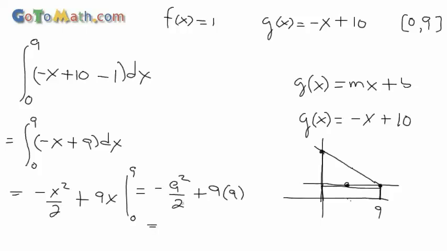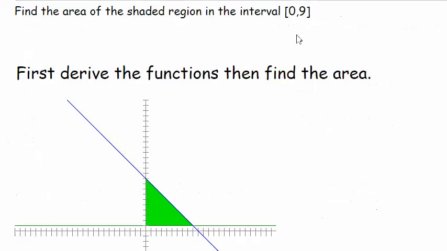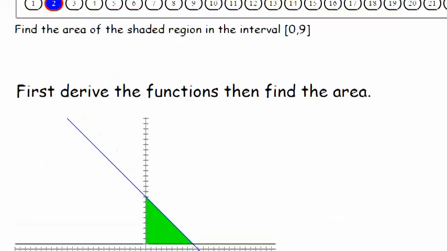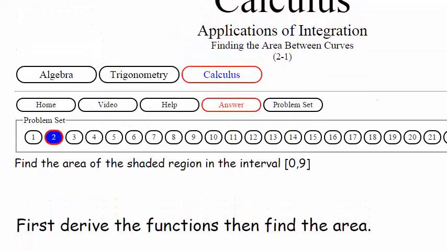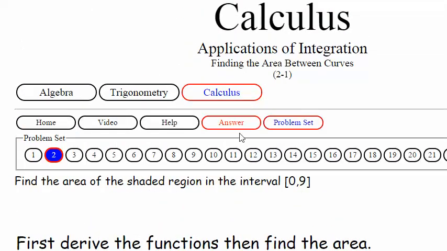And that just becomes 81 over 2, doesn't it? If I got that right, 81 over 2. Is that right? Anyway, so 81 over 2. And remember, I left off the square units there, but we're not writing those in.